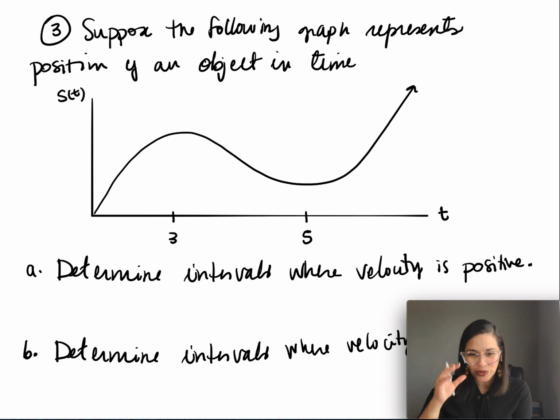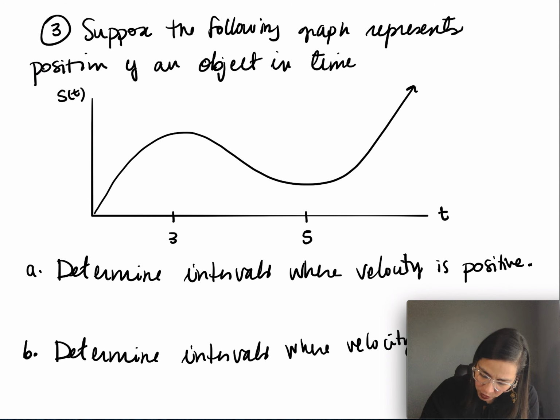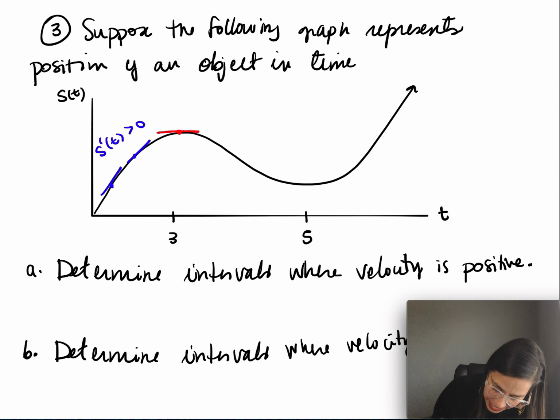So that tells me that, in calculus 1, velocity will be the derivative of position, meaning the slope of a tangent line. So for example, if I draw my tangent lines here, I'm getting that s prime of t is greater than 0. Then here at 3, I get a horizontal tangent line, so I can say s prime of 3 is equal to 0.